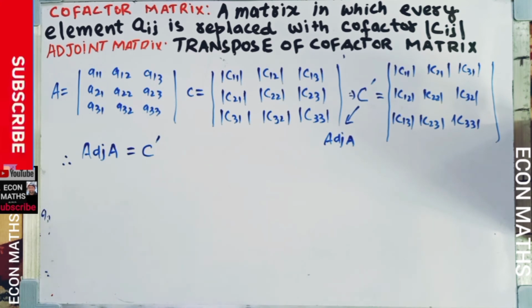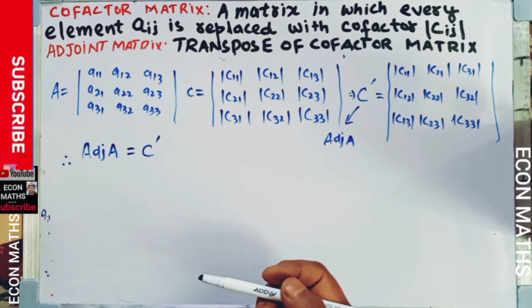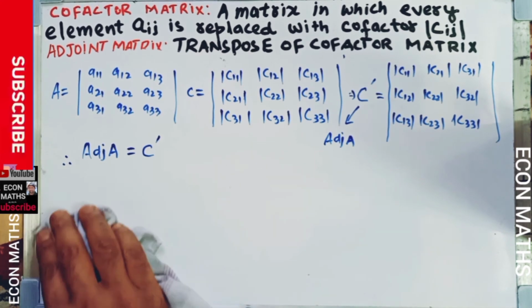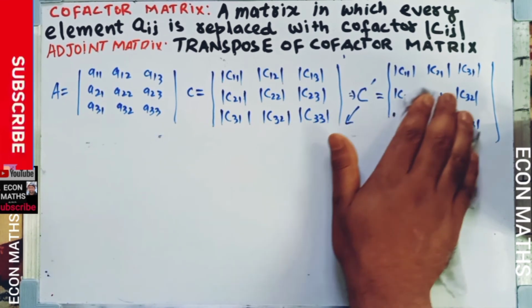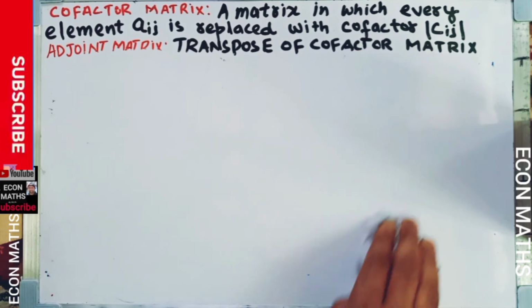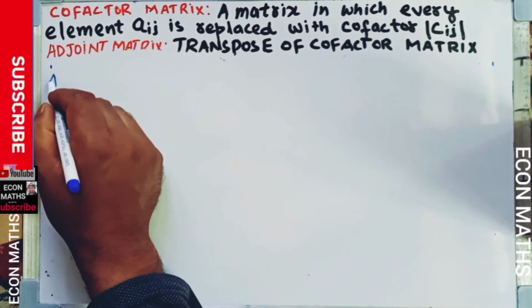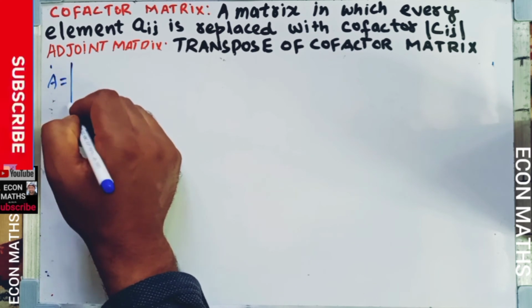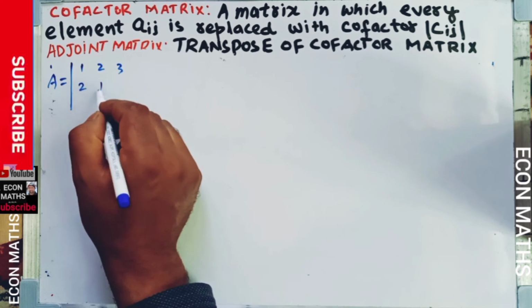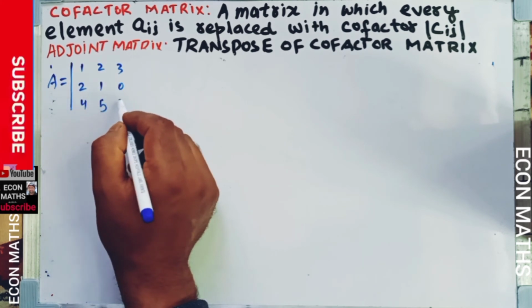Now we will give an example on the adjoint matrix. Let us take an example. If I have a matrix like this: 1 2 3, 2 1 0, 4 5 2.